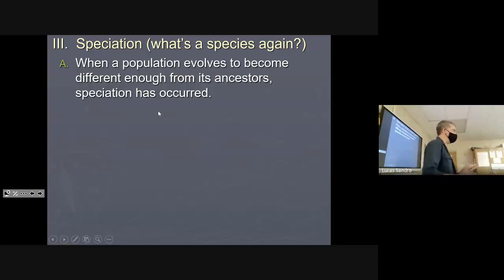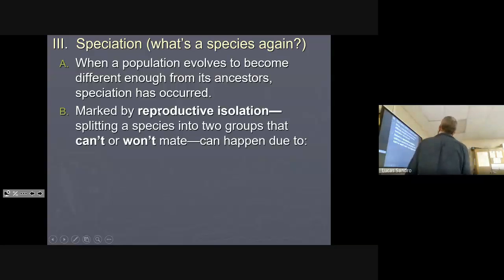Now, it's not foolproof, but our typical way of deciding, okay, they are different species now, is they're not mating anymore. And we call that reproductive isolation.